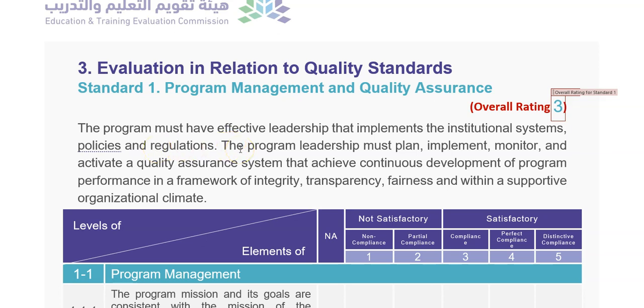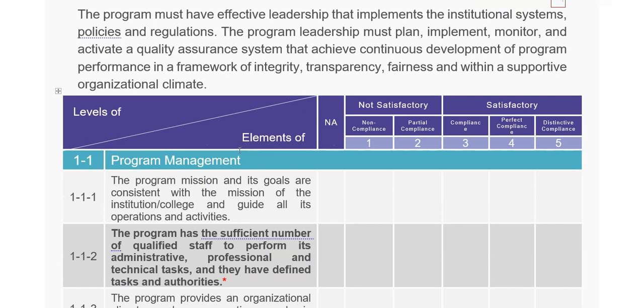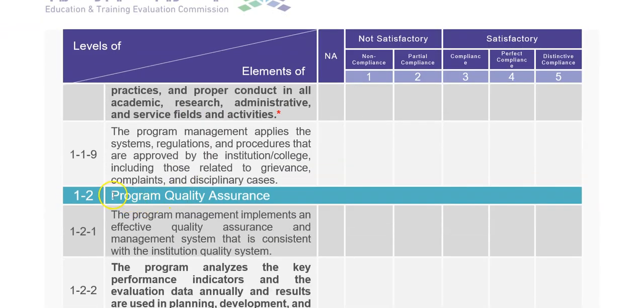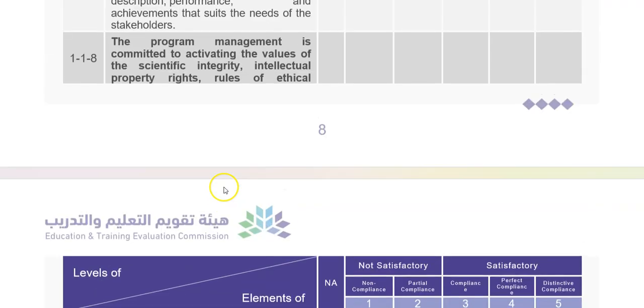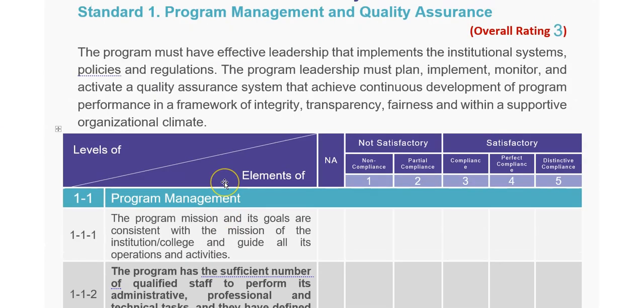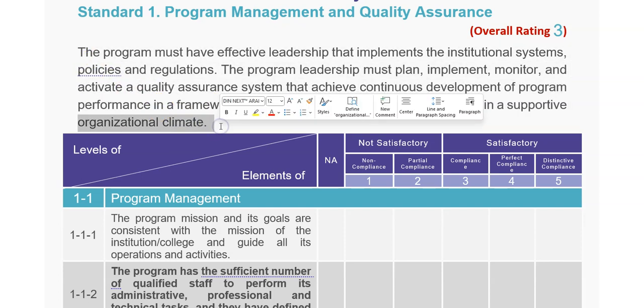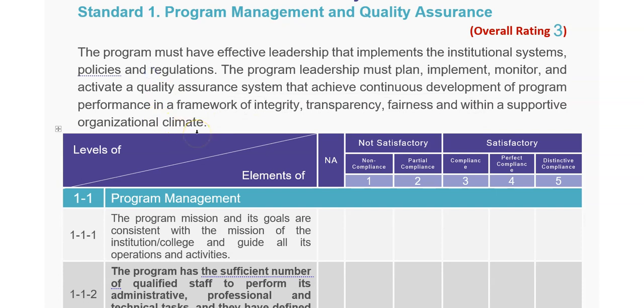So in this standard, as I said before, it contains 2 substandards: program management, and the other one is program quality assurance. If we want to know what this standard is about, the NCAAA gives a small introduction here: the program must have effective leadership that implements the institutional systems, policies, and regulations.